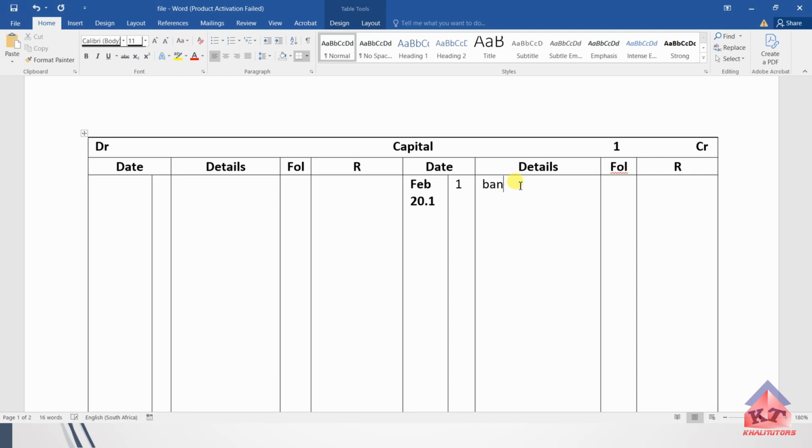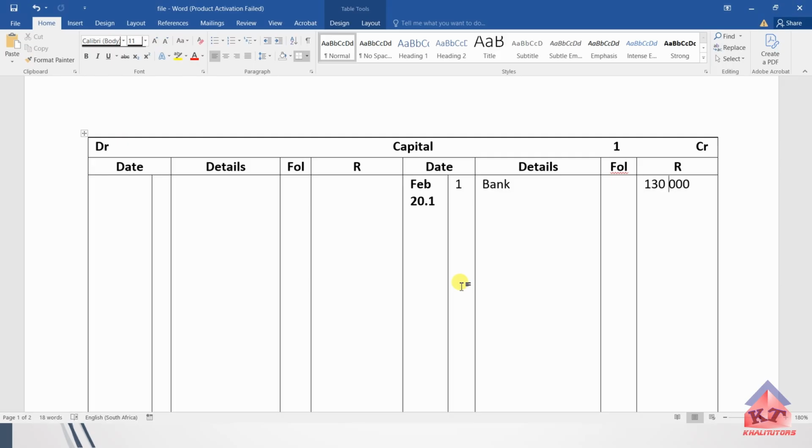So we are going to write the name of the bank that was debited and the amount that we are crediting the capital account. Once you're done like this, you are done recording this transaction. So that's the whole point of the double entry system.